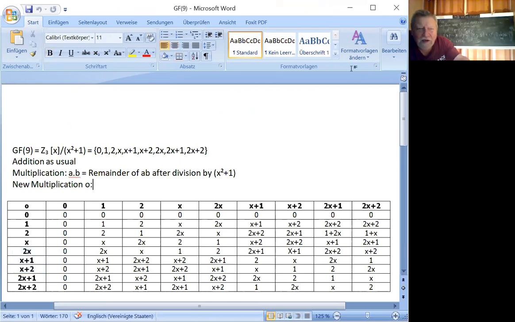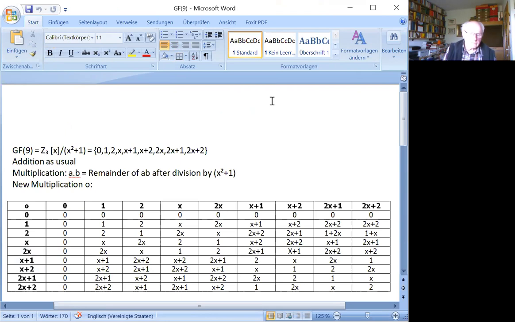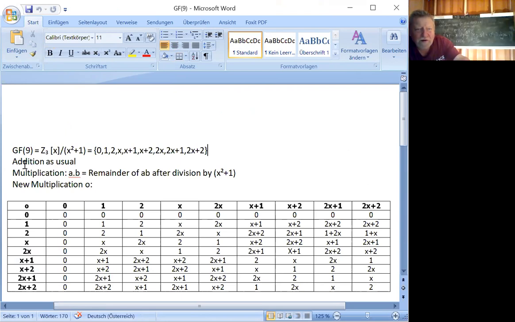So can you see the operation table of the 9-element field? Okay, fine. So as you know, the Galois field with 9 elements can be constructed in a way that we take the polynomials over the 3-element field, Z sub 3, and factor out an irreducible polynomial.